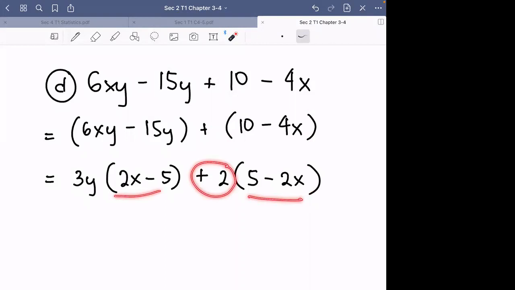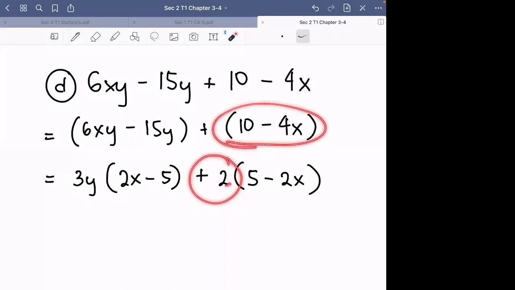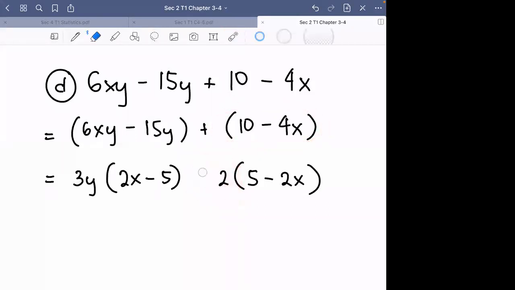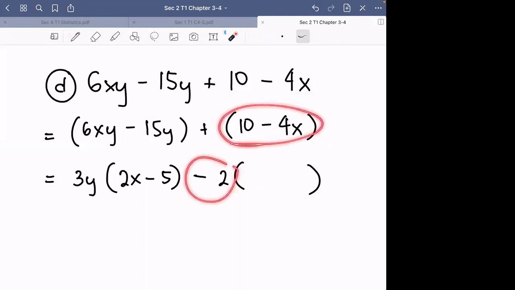Okay, so that's what we should do. Instead of factoring out +2, I'll make this -2. So from +2 it became -2. Now let me erase this. Now let's divide this term again by -2 this time.